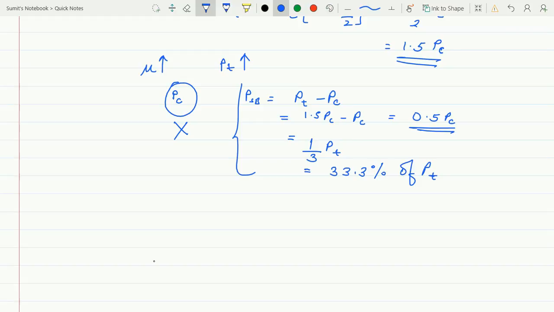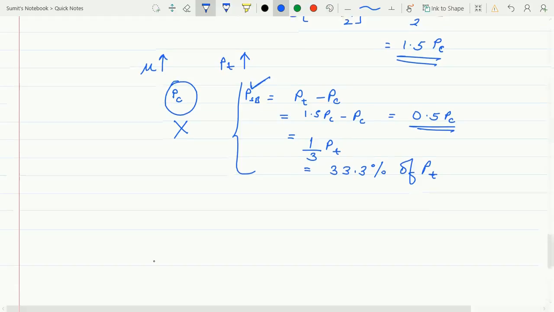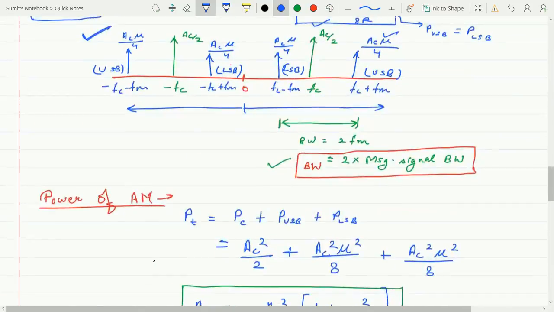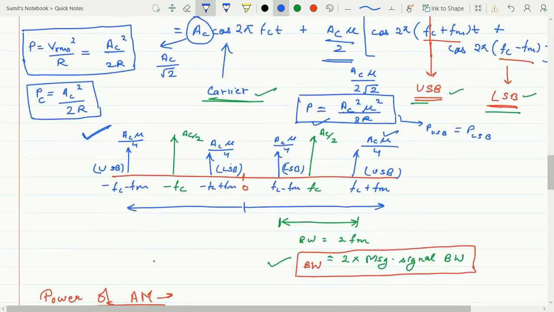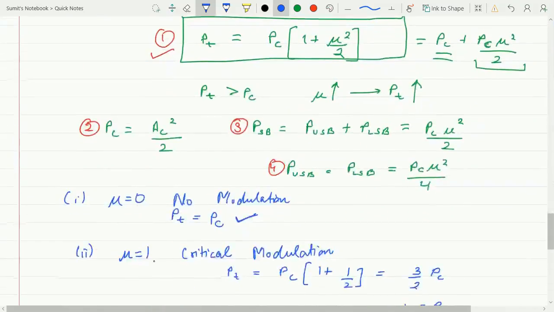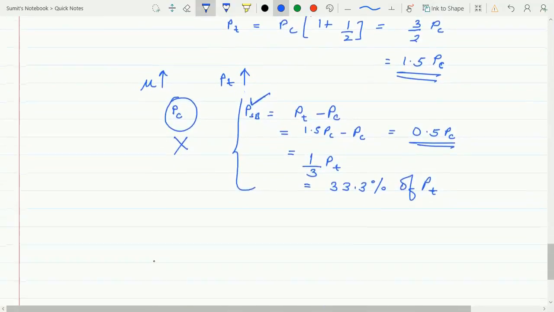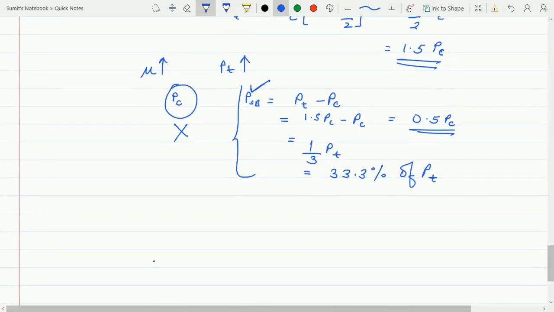The sideband power is the required and useful power, because if you see the modulated spectrum, that is only your sideband. Your original carrier signal never contains any information of the message signal. So sending the carrier is a wastage of power, and in AM we are sending the carrier.